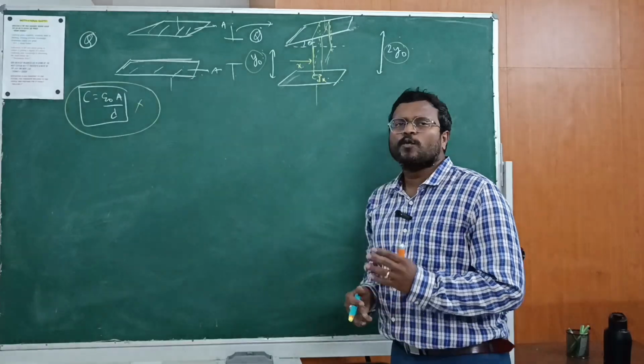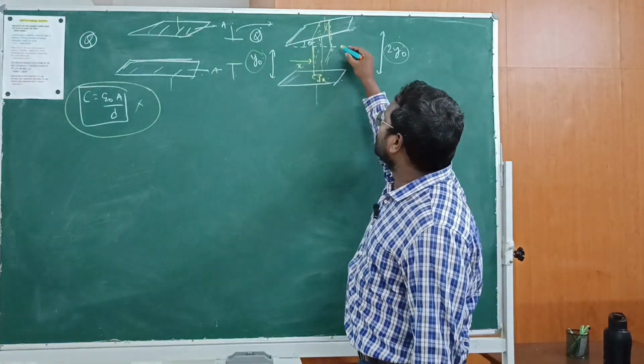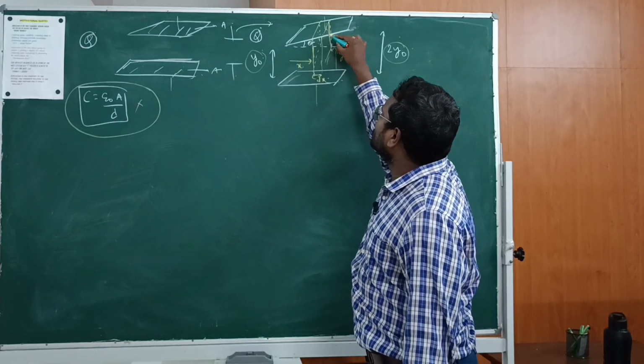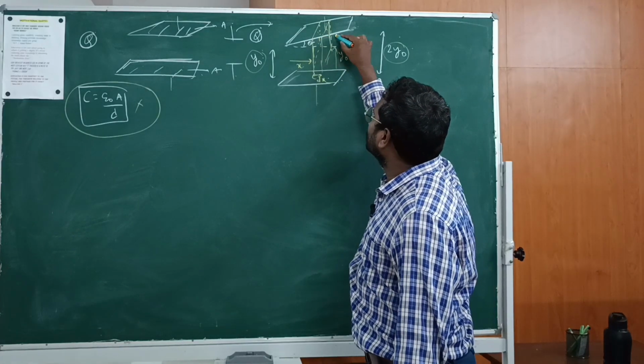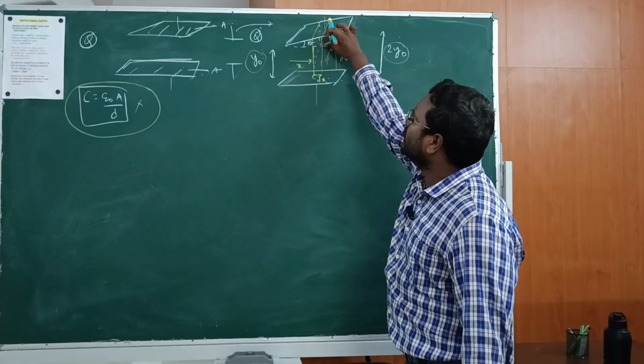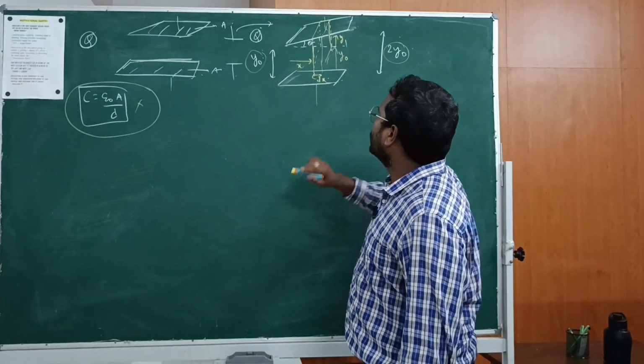We need to find the capacitance of this small element. How do you find that? Here this distance is y naught. At distance x, we take this distance as y1. This dx is very small, so this is a very small element.